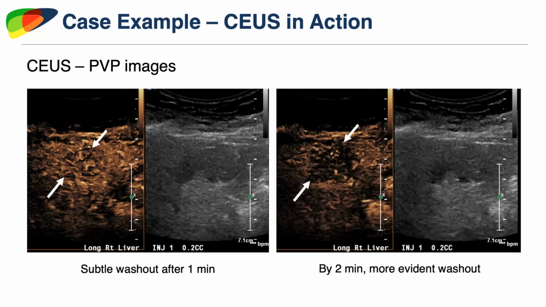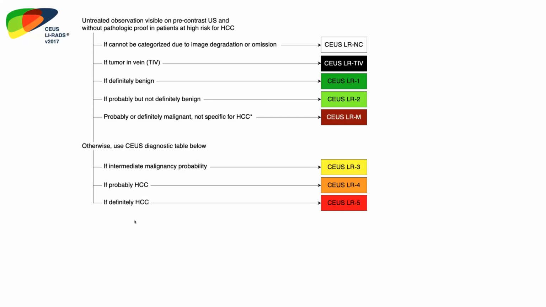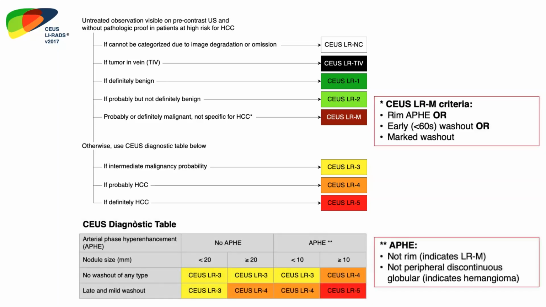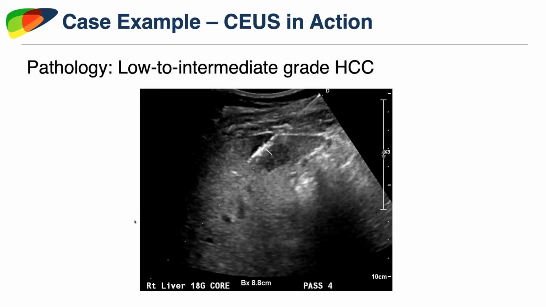And so I called up the hepatologist, and I said, hey, this is an LR5 observation, we're done. But that hepatologist happened to be one of the authors of the AASLD guidelines, who at the time was waiting for the evidence to add it back in, and so we still proceeded with the biopsy, which turned out to be low to intermediate grade HCC.